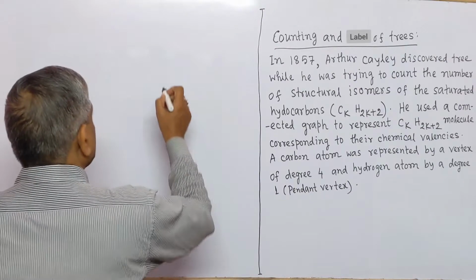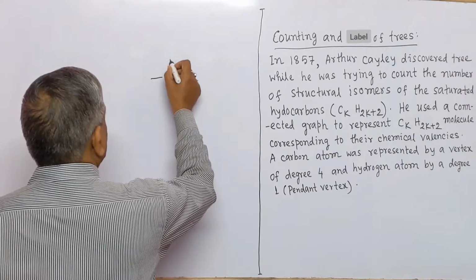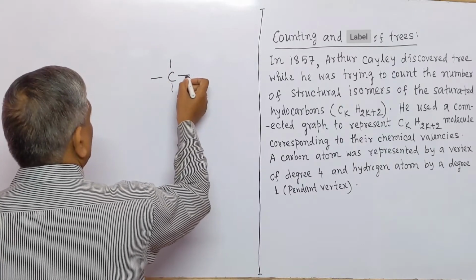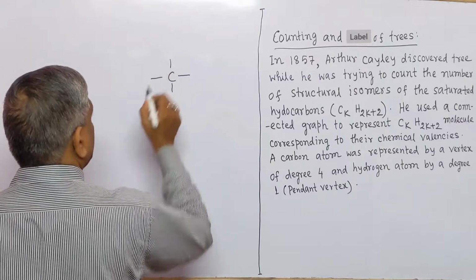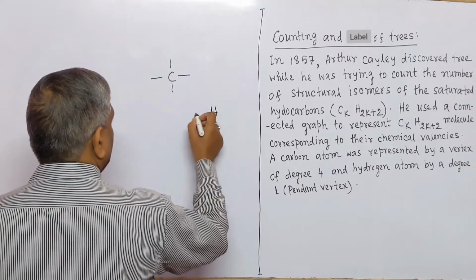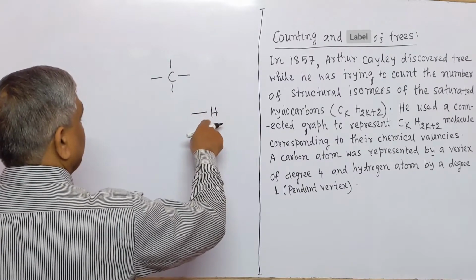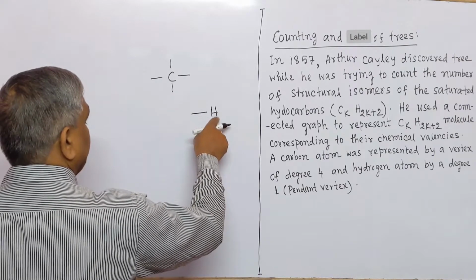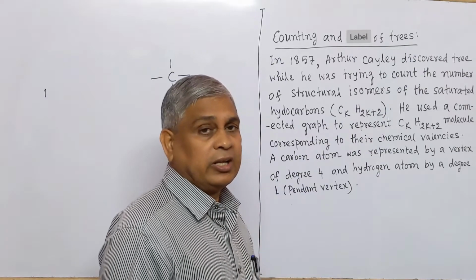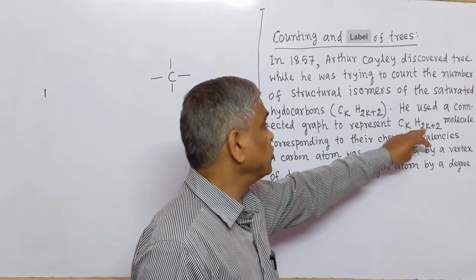So, carbon is represented as this degree 4. Here 4 edges are incident to carbon atom and hydrogen edge degree 1. One edge is incident to this vertex, H vertex. Now we count the number of vertices in CkH2k plus 2.